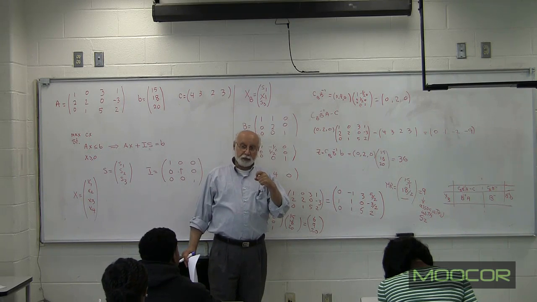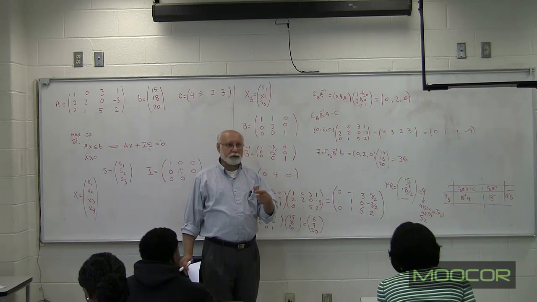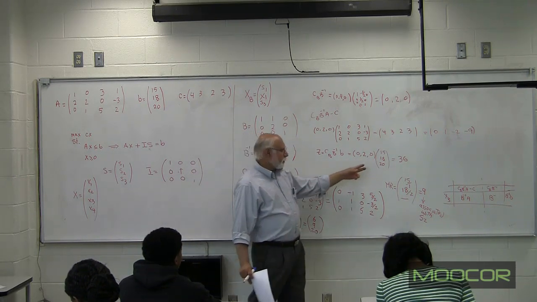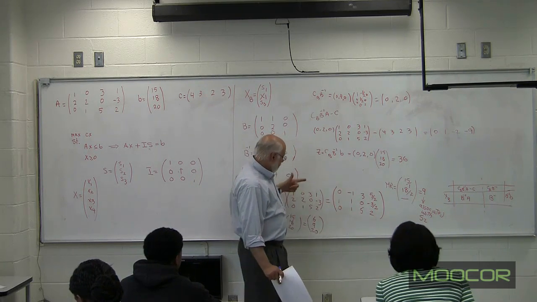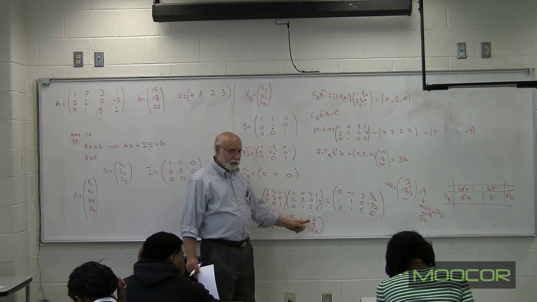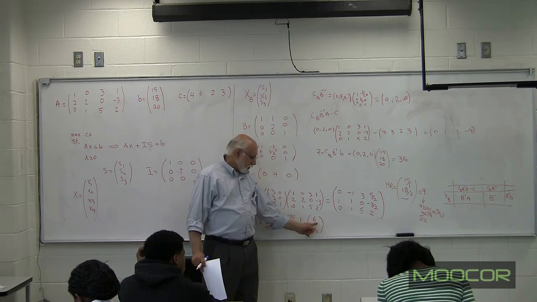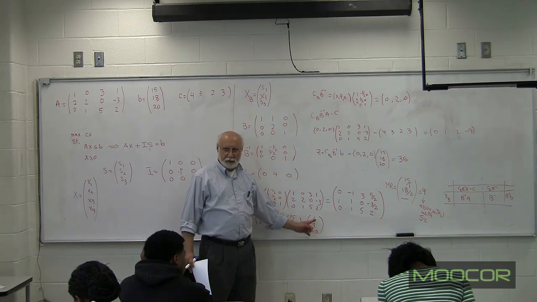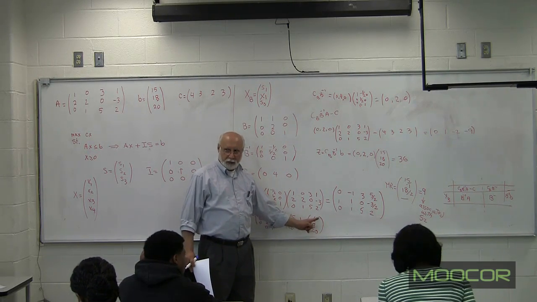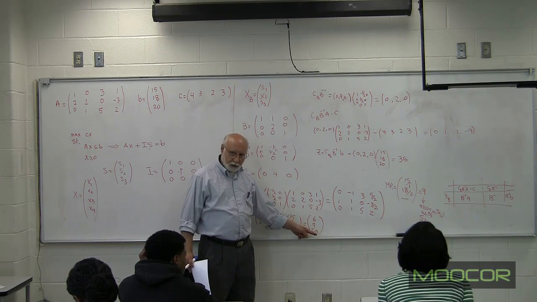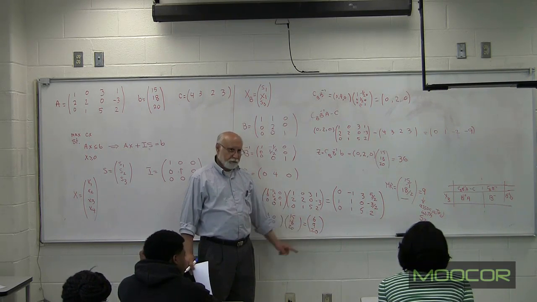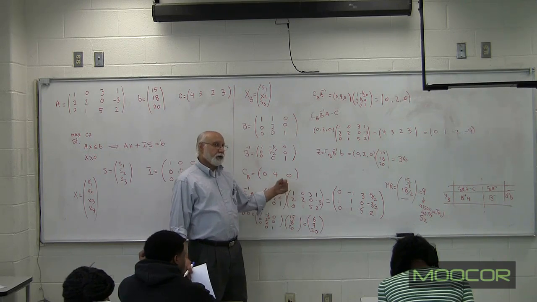I would say solution. What is the solution? I will look at B inverse B. Solution is 6, 9, 20. What are these values associated with? S1, X1, and S3.